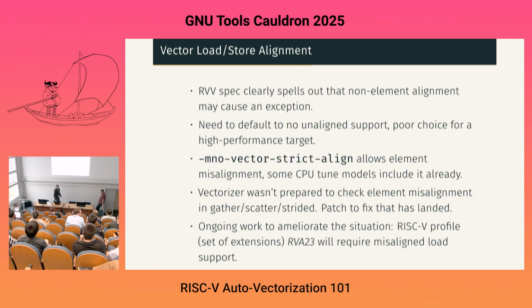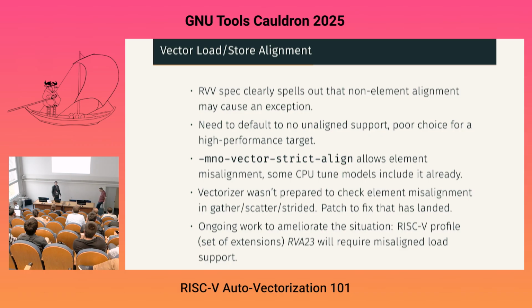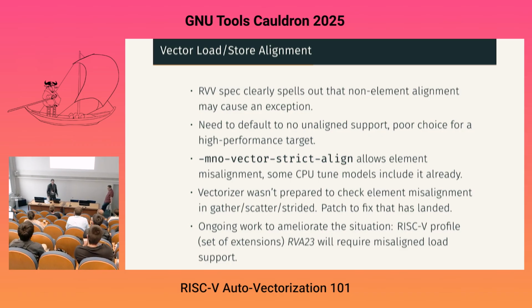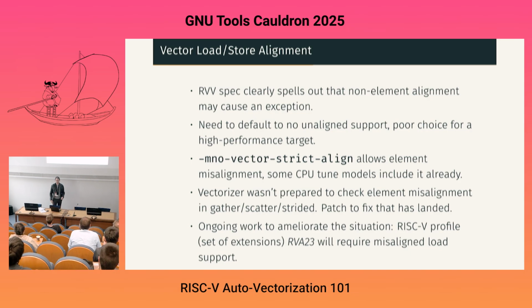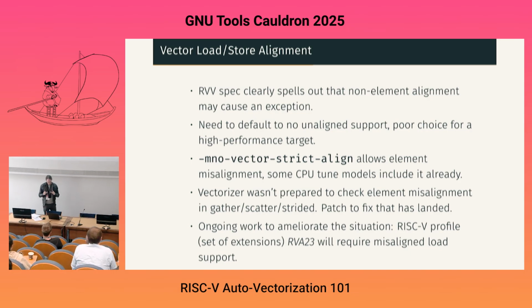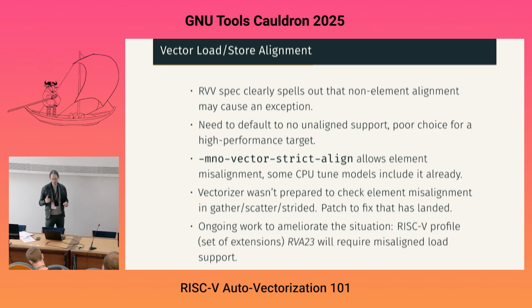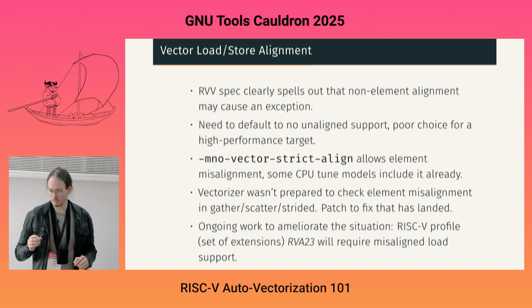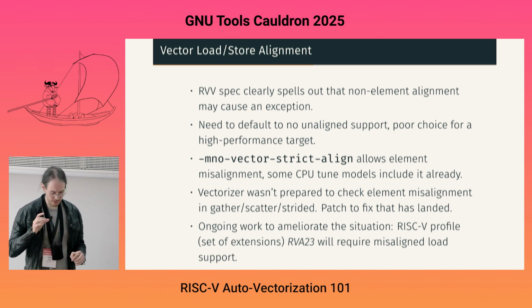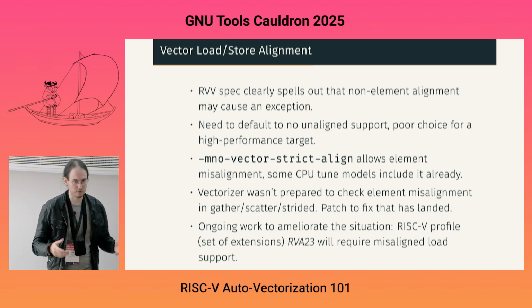Okay, another thing. This is a bit of a collection of things we encountered. Vector load store alignment. That's a funny thing because we explicitly spell out in the RVV spec that element misalignment of vectors may cause a trap or an exception.